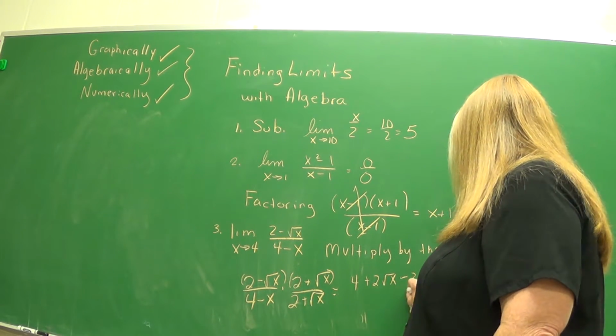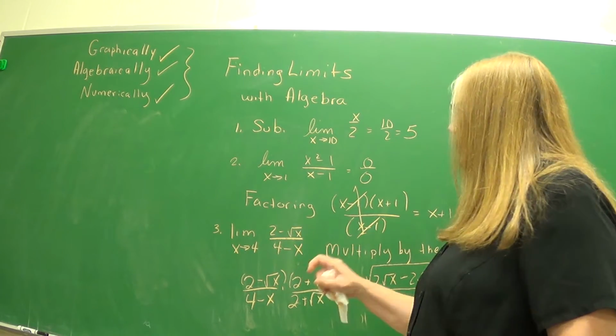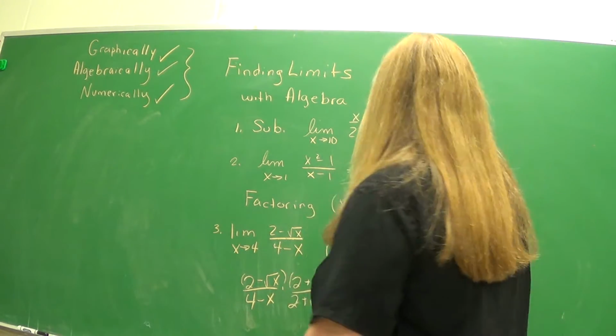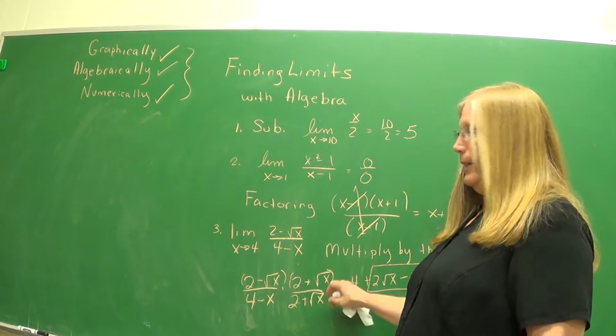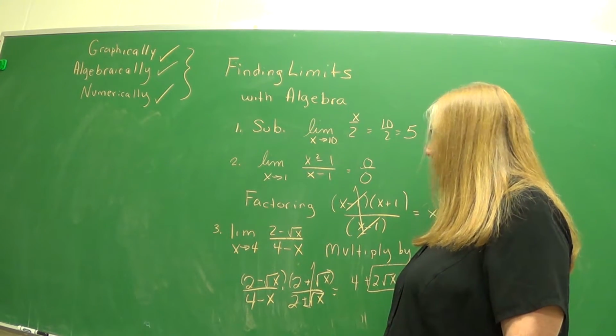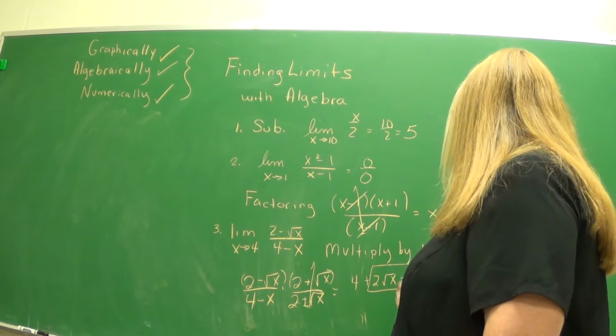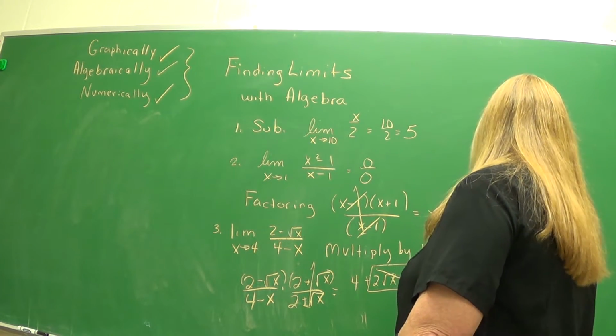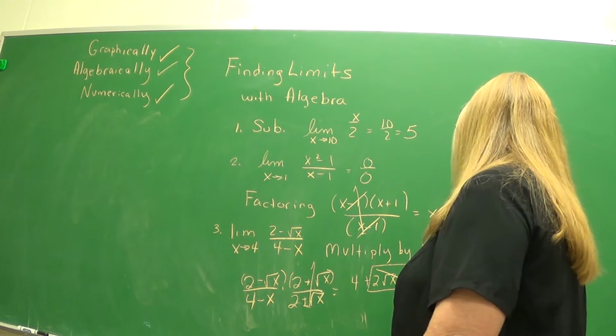Here's the magic right here. That is why we multiply by the conjugate. When I say multiply by the conjugate, I mean the conjugate over itself, which again is a big fat 1. It doesn't change the problem at all. So this cancels out and it leaves a much more usable, user-friendly 4 minus x on the top.